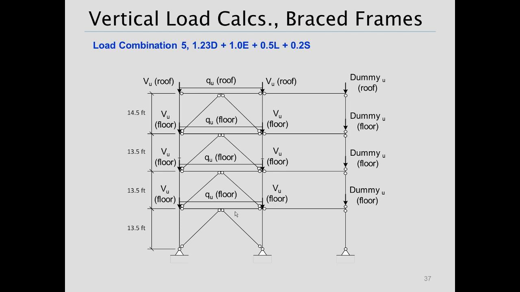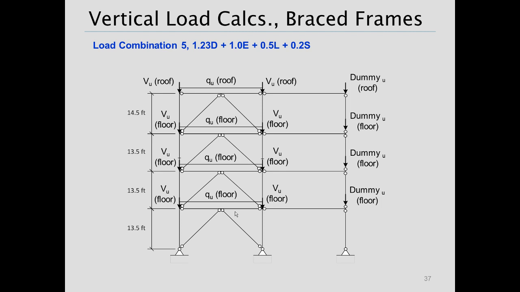So right now we're looking at the design of these brace frames, so we're focusing on north-south effects in our building. Now, I couldn't figure out a better name to use for dummy column loads than dummy U here. So dummy U at the roof and dummy U at the floor. We need to get the total of all the destabilizing load that's not applied directly to our brace frames, and we're going to apply those additional loads to the dummy columns to get the total destabilizing effect on our brace frames.